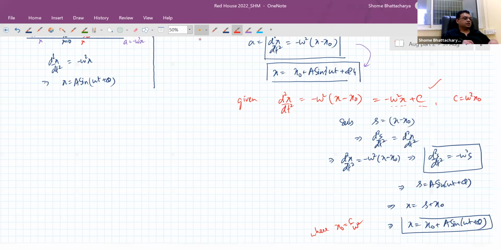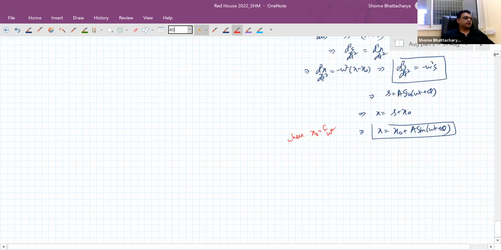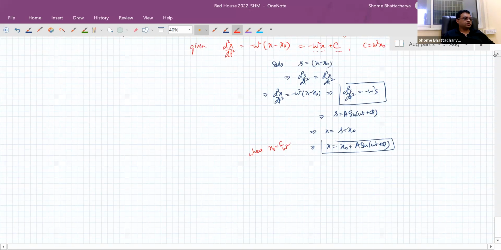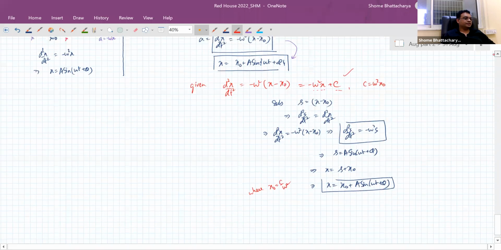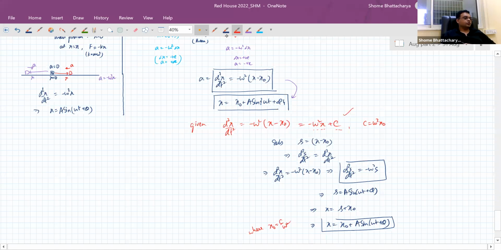So we'll see how this simple mathematical manipulation can make life very simple for certain types of questions, where otherwise you would have to first locate the equilibrium position, reorient your coordinate system, put that as the origin and all that. So all that will not be necessary. We can start with this as our basic equation, that d2x by dt square is minus omega square x plus some constant. So this is like an additional trick I'm teaching you, particularly for tricky JEE Advanced type of questions.